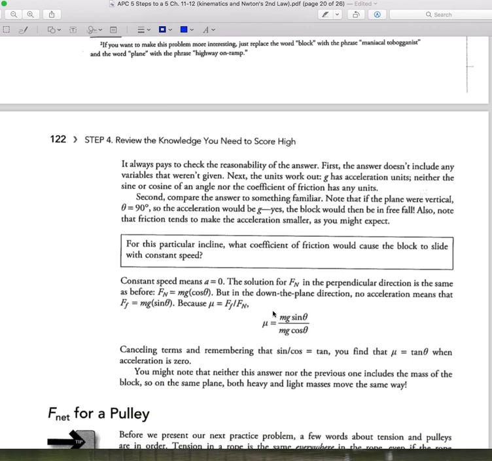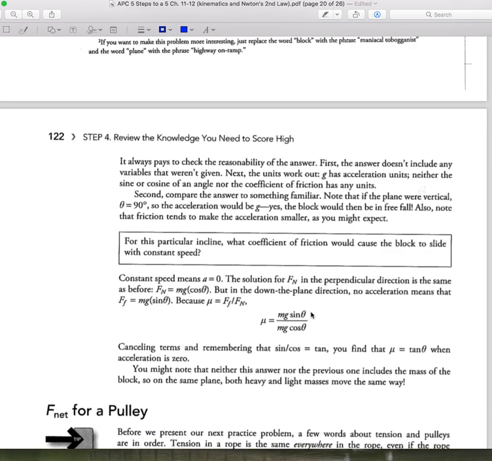If you have an object that is sliding downhill at a constant speed, that means your coefficient of friction is force of friction over normal force. The normal component of force is equal to the normal component of gravity, which is mg cosine theta, and the frictional force would have to be equal to the parallel component of gravity, which is mg sine theta.